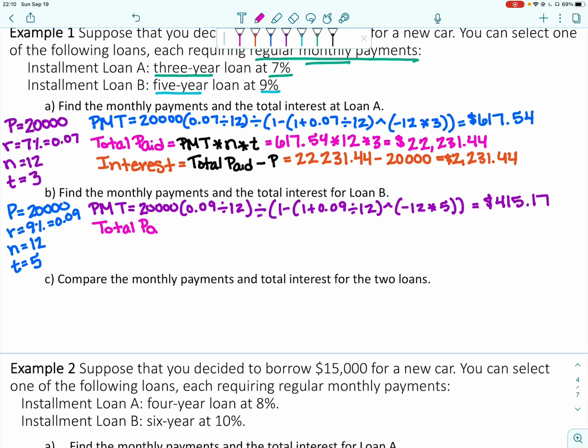So to find the interest, we first need to find the total paid. So the total paid is the monthly payment, $415.17 times 12 times 5, and that's $24,910.20.